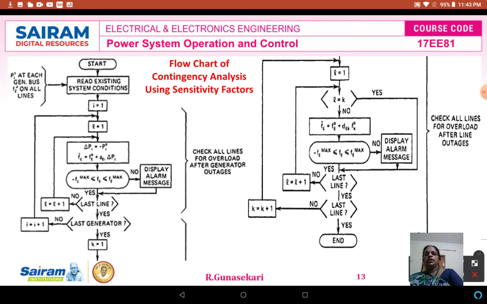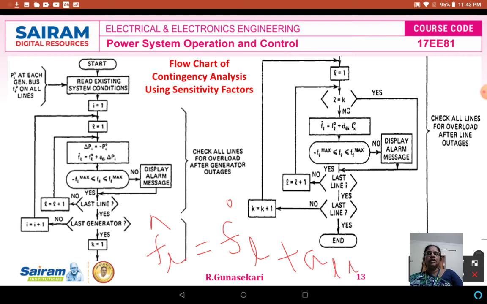Then the FL vector equals FL naught plus A suffix LI into del PI. So the FL vector is the flow on the line L after outage only.